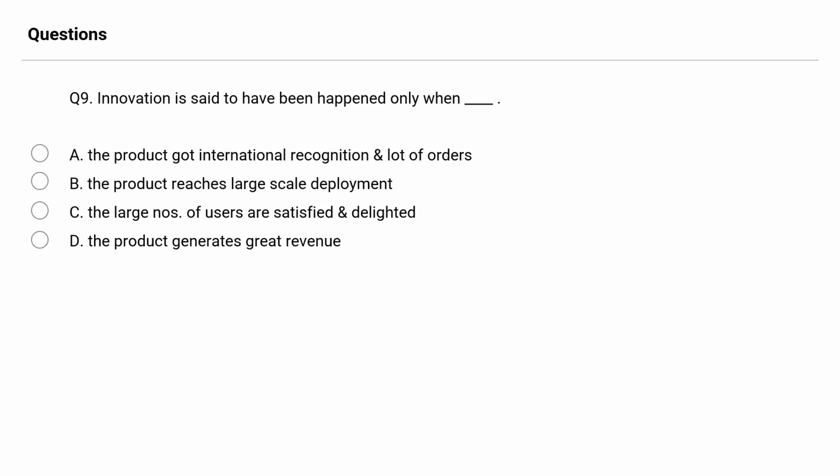Let's come to our second last question, and it's about innovation. Innovation is said to have happened only when... it ends with a fill in the blanks. And the options are: so we've got Nitin sir saying C. All right.